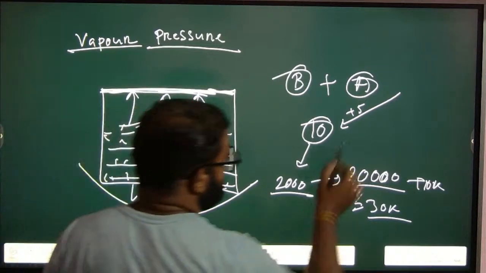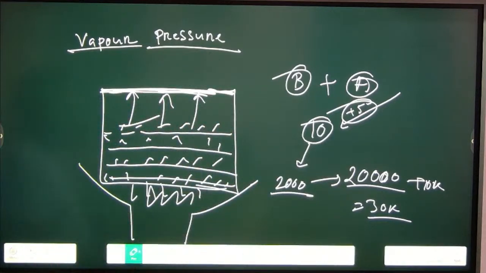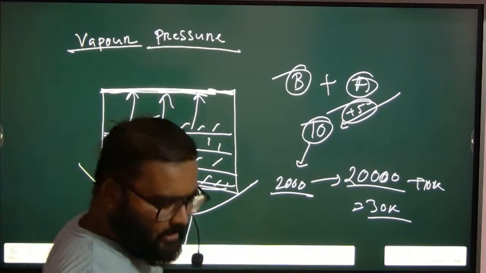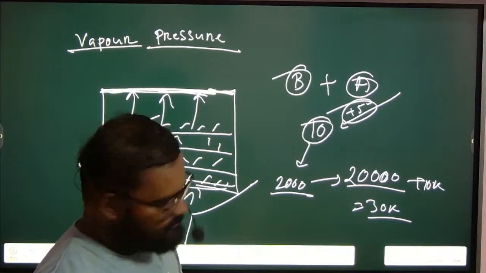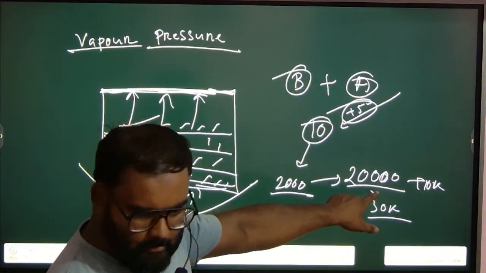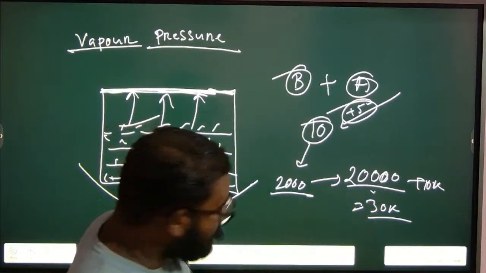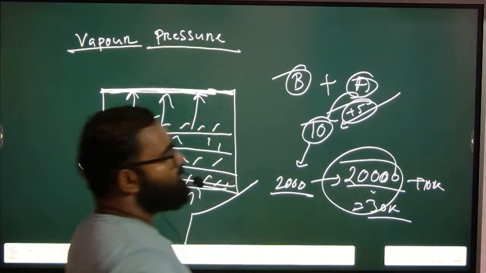Suppose the 5 students who joined later don't pay any tuition fee. Then will it affect the income of the teacher? No. The number of students is increasing, but the income remains the same.